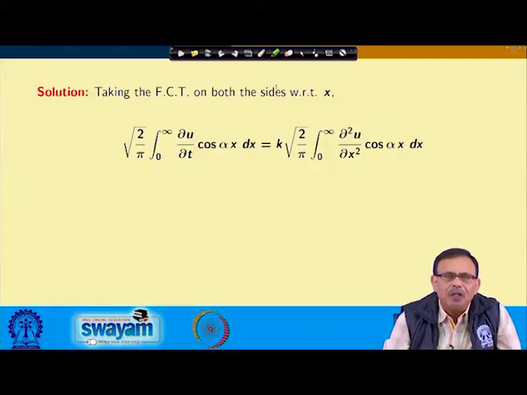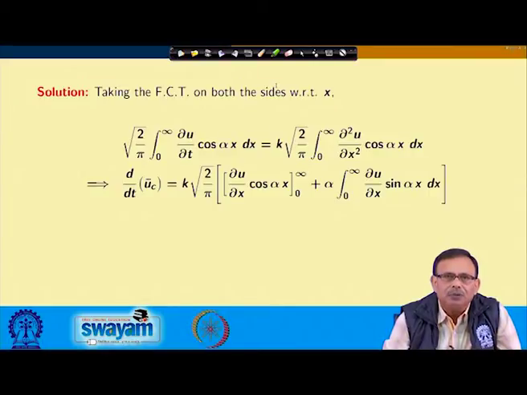Once I apply the Fourier cosine transform on both sides of the given equation, root over 2 by pi, 0 to infinity, del u del t cos of alpha x dx equals k into root over 2 by pi, 0 to infinity, del 2 u del x square cos of alpha x dx. Now, on the left hand side, since you are taking the Fourier cosine transform with respect to x, I can bring d by dt outside the integration sign.